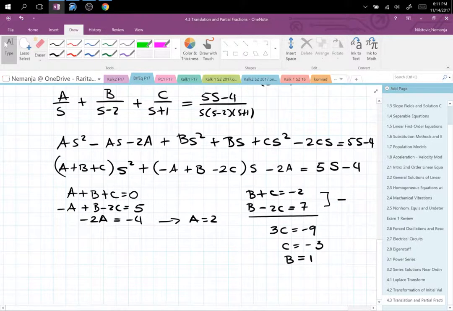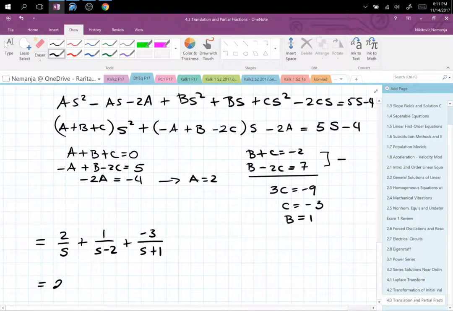Then our partial fraction decomposition is 2 over s plus 1 over s minus 2 plus negative 3 over s plus 1.